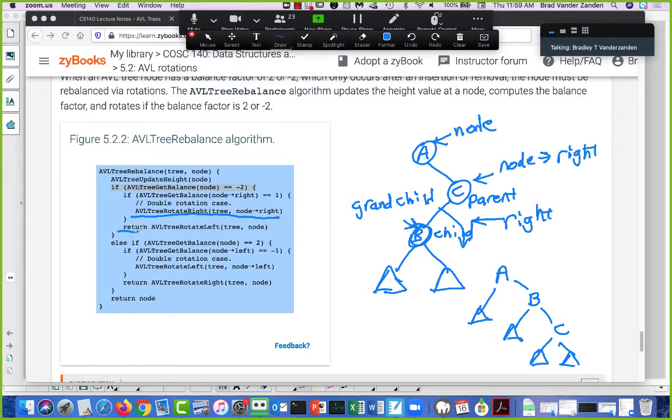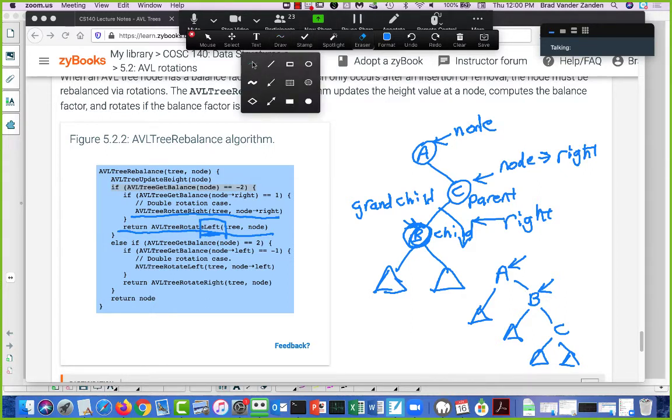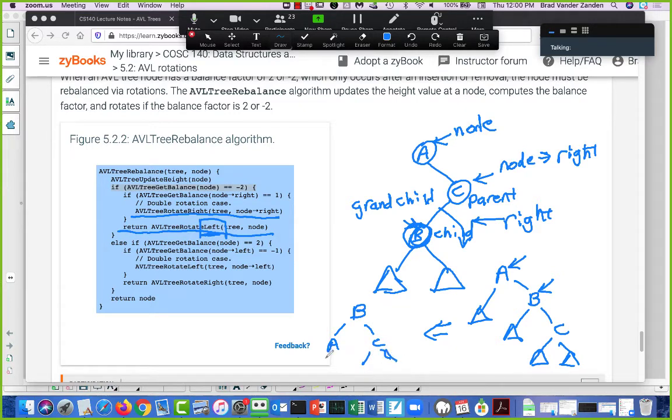So now we return AVLTree rotate left. We pass in node A. Remember again, what the actual rotation is about is A's child, which is B. Notice B was the grandchild, but the first rotate brought it up to become a child of A. And we're now doing a left rotate about B. When that's done, B is the parent of both C and A. And this subtree right here, whatever it is, becomes A's subtree.